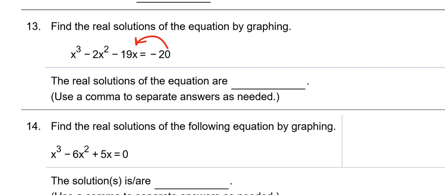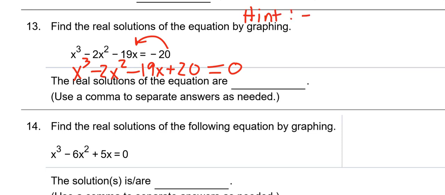So I add the 20 to the other side, we get x cubed minus 2x squared minus 19x plus 20. And yes, that's equal to 0, but, you know, these questions have to have 1 zero for you to start with. So I will be adding to this question something like this.